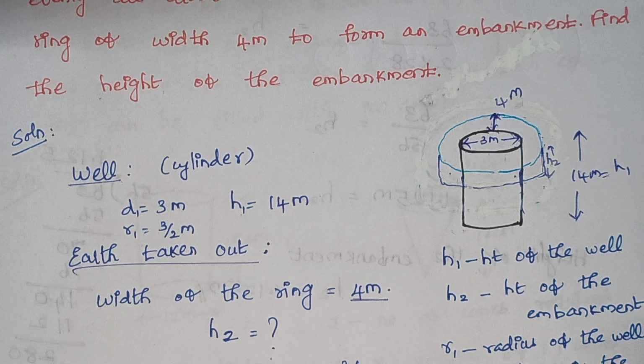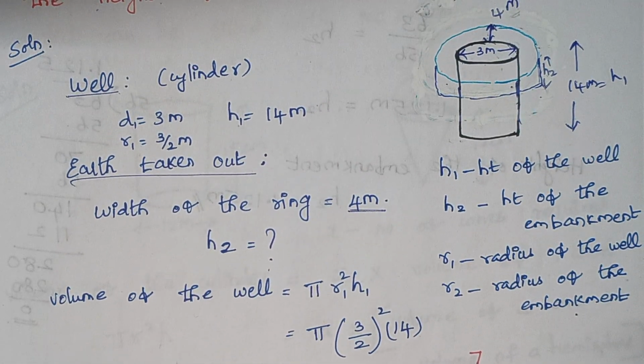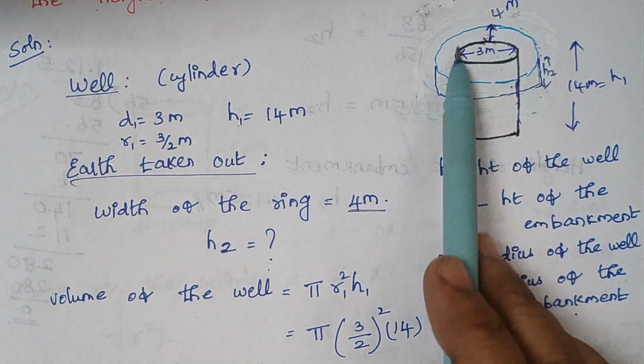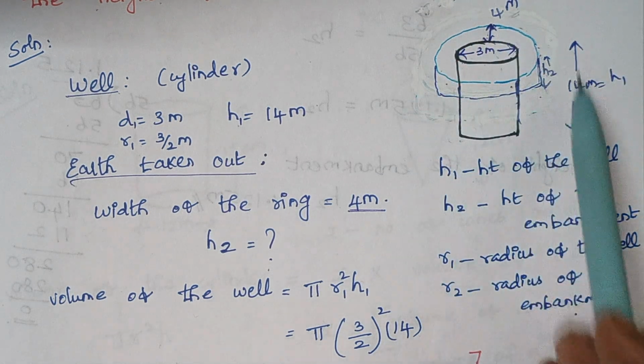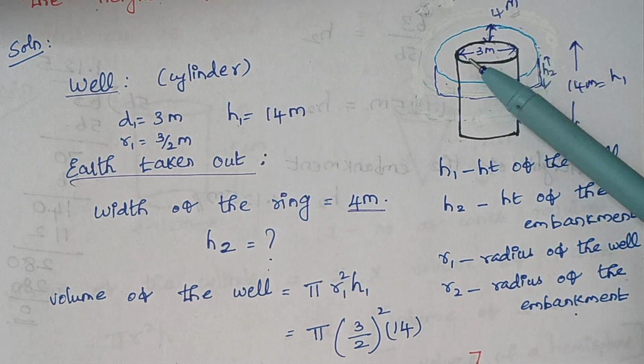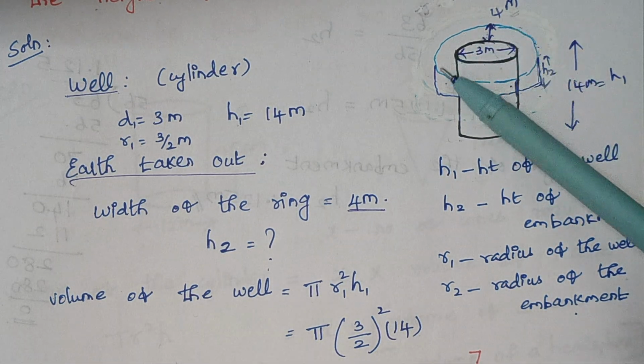Now we will start our solution by writing the volume of the well. This volume of the well should be equal to the volume of the embankment because the earth, that is the soil which is taken out from this part, is evenly spread around it.